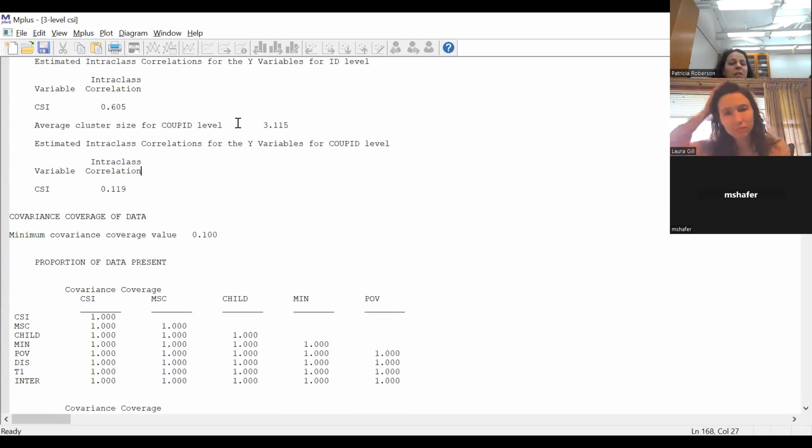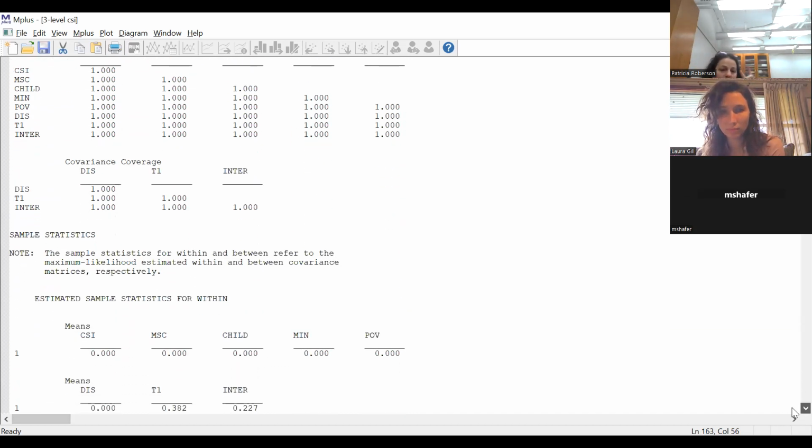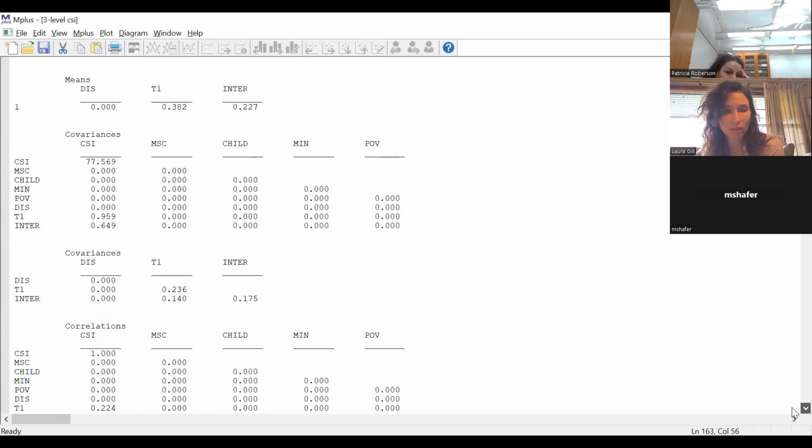Average cluster size for the couple level ID is 3. So there weren't a ton of thruples. Because we had 2 time points, time points nested in the couple, really there should have been 4, but because of the missing data, we had an average of 3. Does that make sense? So each couple had 4 different data points that went into it.